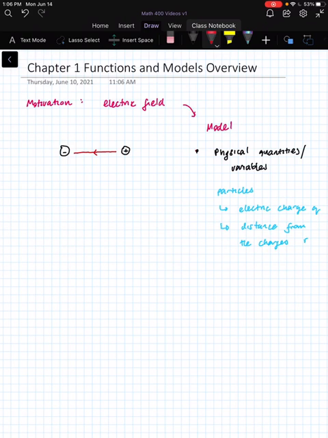I'm not going to expect you to remember all this, but the electric field lines represent what another particle experiences when it's in the vicinity of an arrangement of charged particles, like an electron and a proton. And the closer they are to the charges, the more intensely they experience electric field.